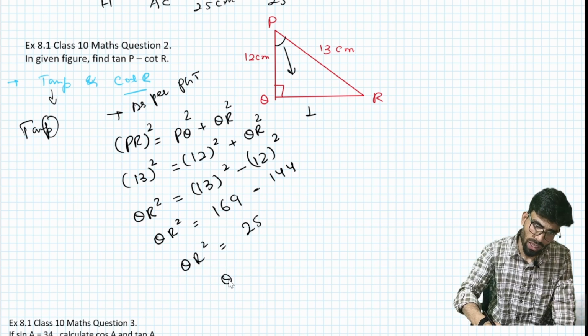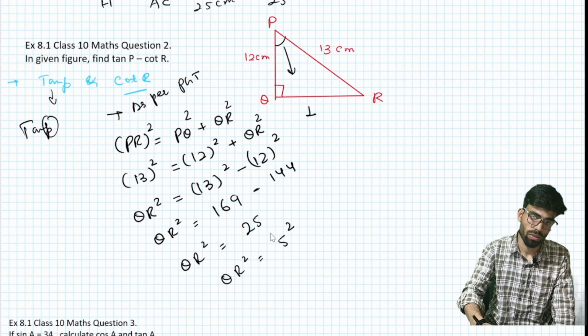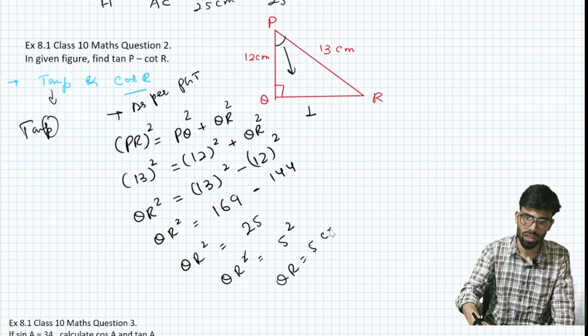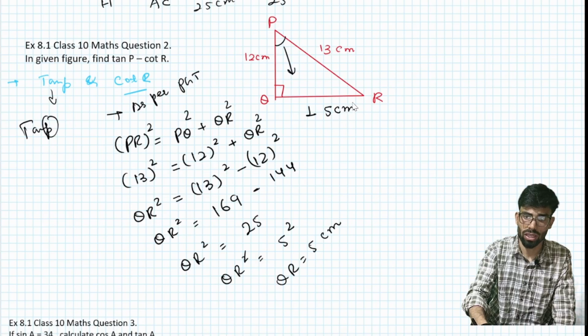That means we can write QR square equal to 5 square, because 5 into 5 means 5 square. The square will get cancelled out, so QR equals 5. Because we are dealing with centimeters, it will come out as 5 centimeter.